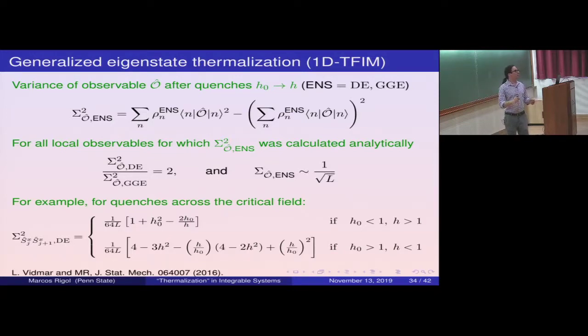And I have justified that these GGEs work because they sample states that, even though they are not the same number of states that you sample with your initial state, have the same expectation values of observables as the one that you sample. So that's the picture. Questions about this, because now I'm going to, on purpose, confuse you a bit, just so that you see that you have to be careful with these things.